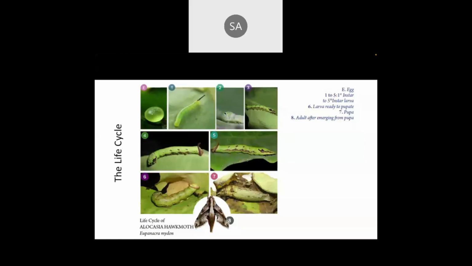These different stages are also called instars, and the caterpillar's growth rate increases as the molt occurs or the instar changes. The last time the caterpillar sheds, it becomes the pupa. We can see point number 7. Can you all see these numbers?